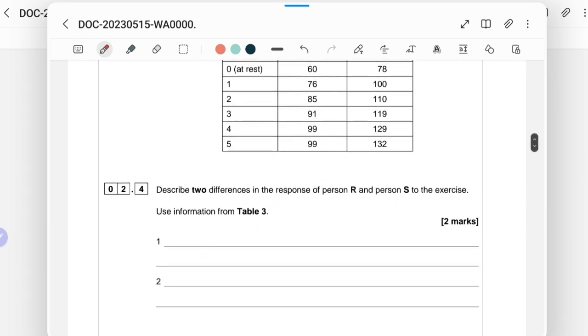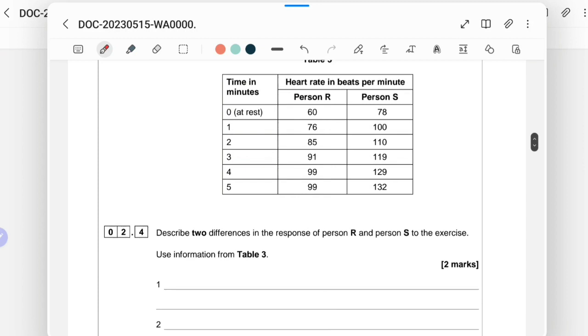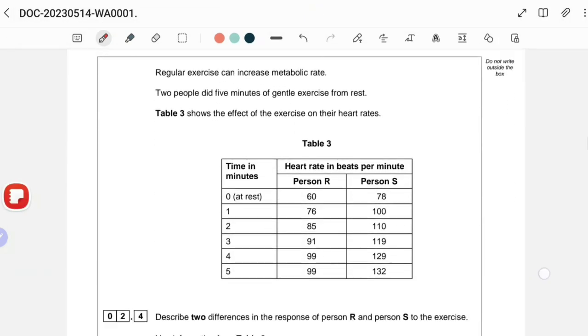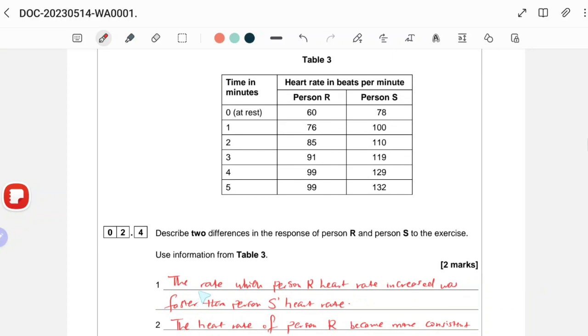So if you look at that, you're supposed to study this. Pause the video here and attempt what you're seeing here. So what I saw, which is correct, is that the rate at which person R's heart rate increased was slower. Please, was slower. If you look at this, it is 76, 85, like that.